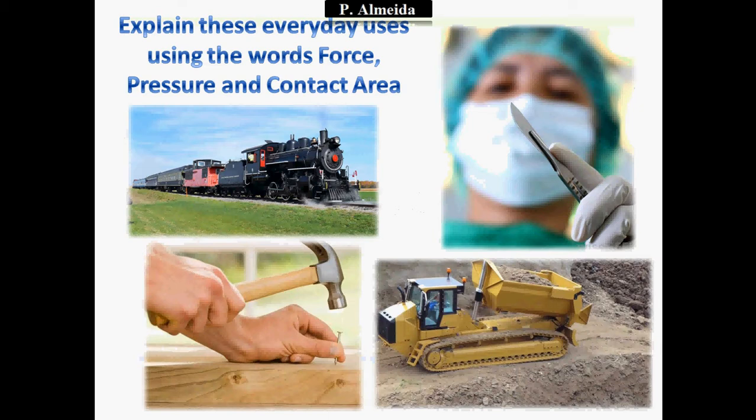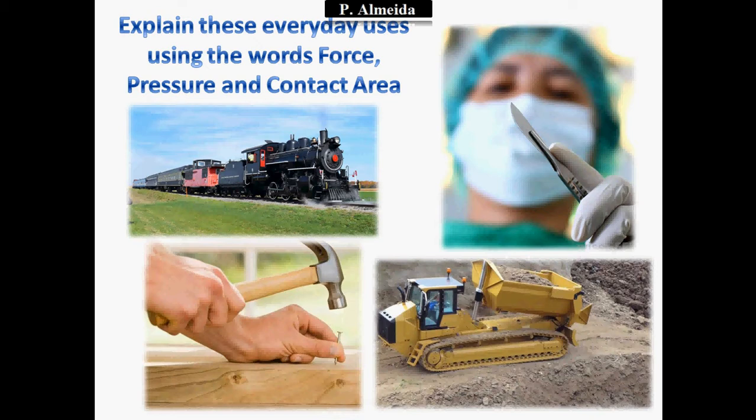So to try to understand pressure, and we know that it's force over surface area, let's try to do this exercise. So again, pause the video, try the exercise by yourself, otherwise I will move on and then you can listen to the answers. So what I'm asking you to do right now is to try to explain the everyday uses that I have for the four things that show in the picture, and use the words force, pressure, and contact area.